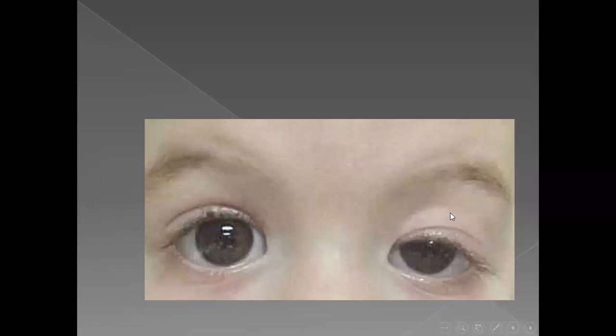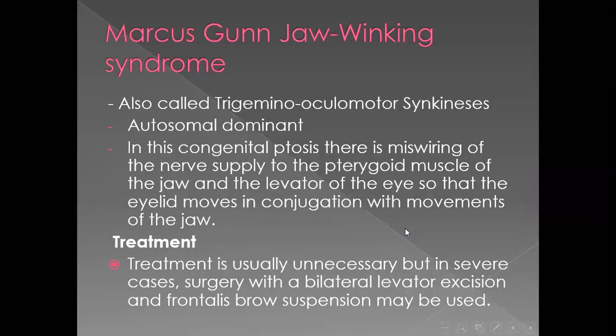So the absence of upper eyelid crease is a typical sign of congenital ptosis, and it indicates a reduced levator function. Okay? It indicates a reduced levator function.